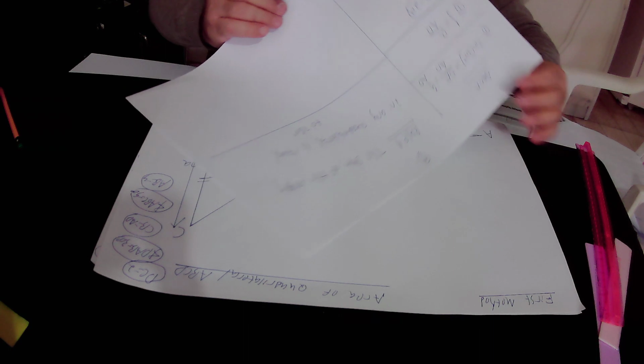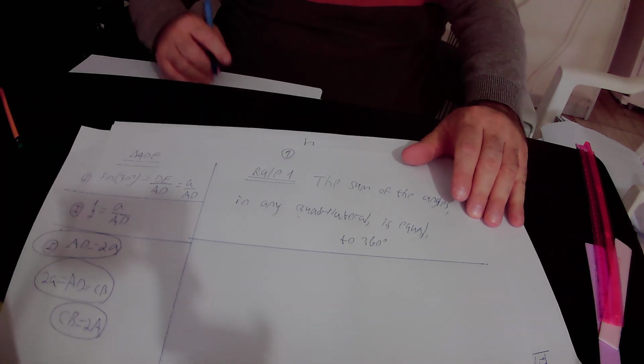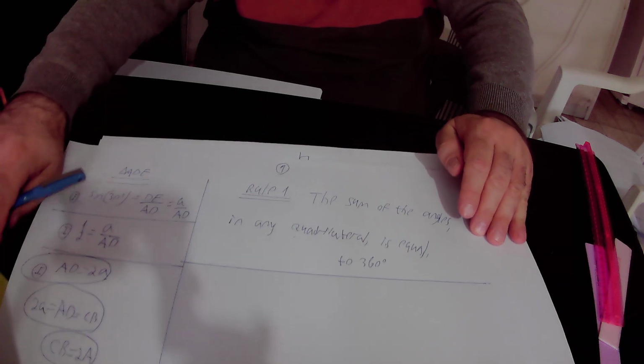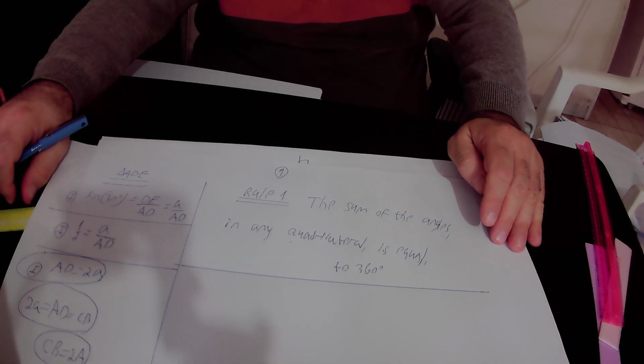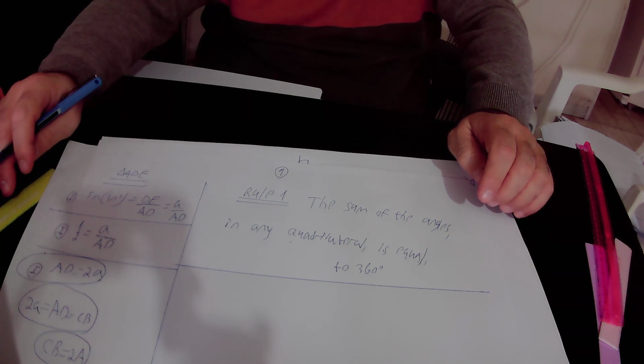We will read rule number 1 again. According to rule number 1, the sum of the angles in any quadrilateral is equal to 360 degrees.